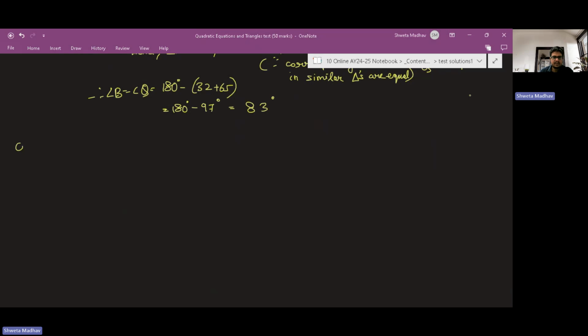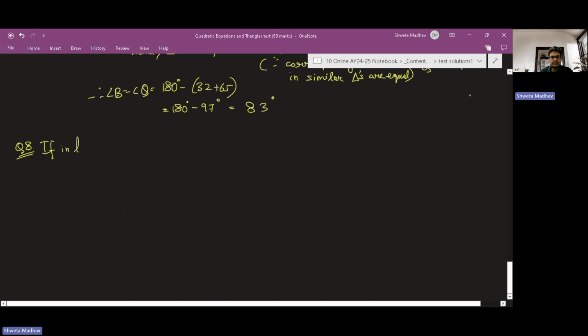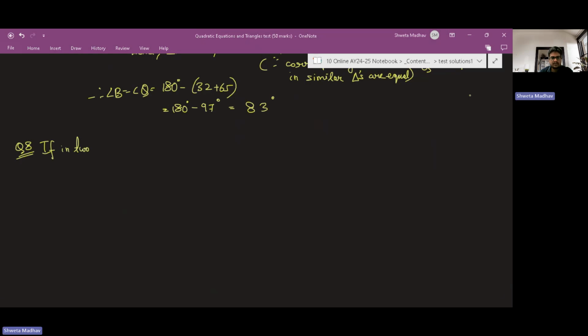Then in question number 8, it has been told that in two triangles ABC and PQR, AB by QR is equal to BC by PR, is equal to CA by PQ.